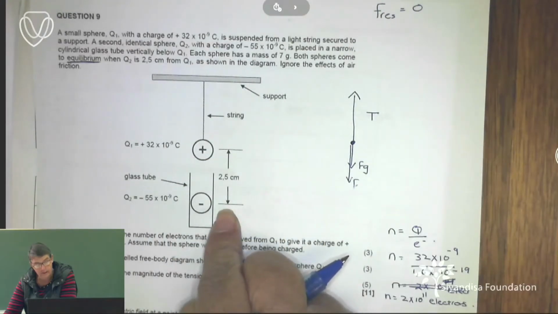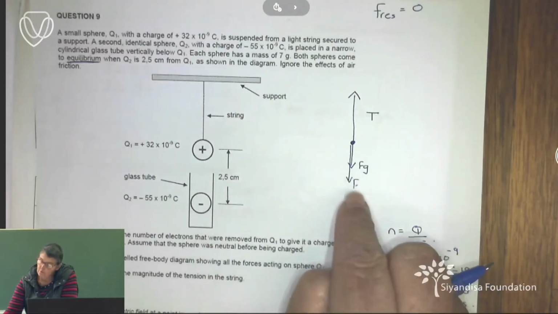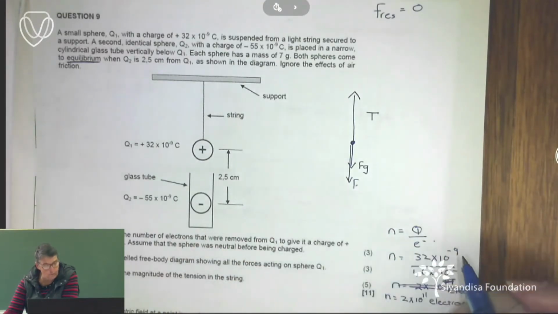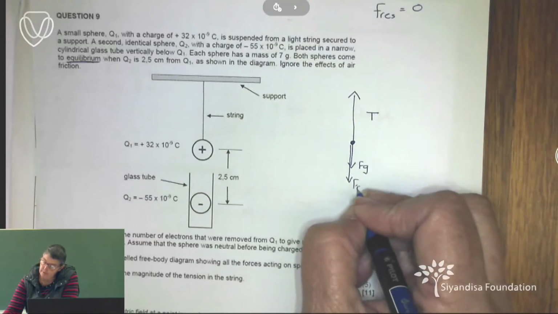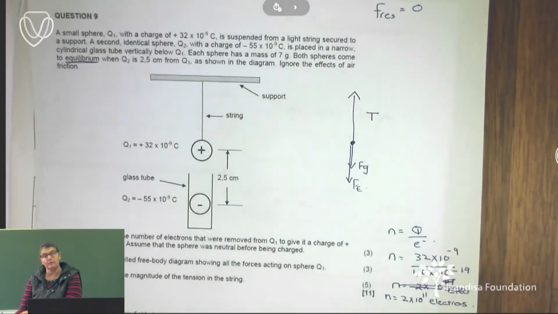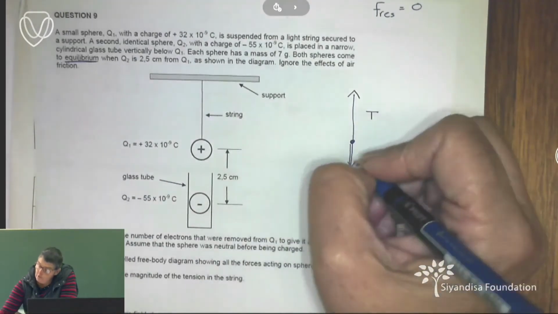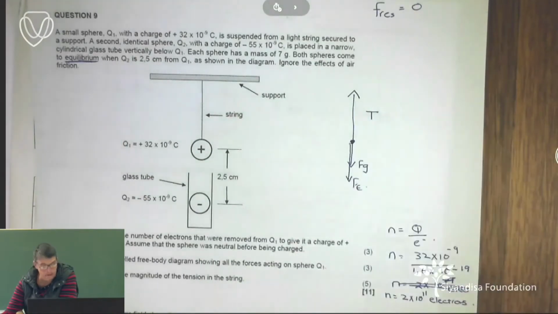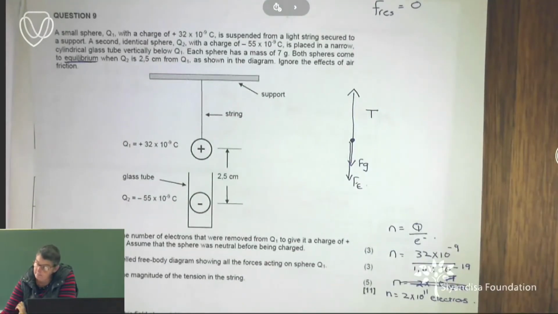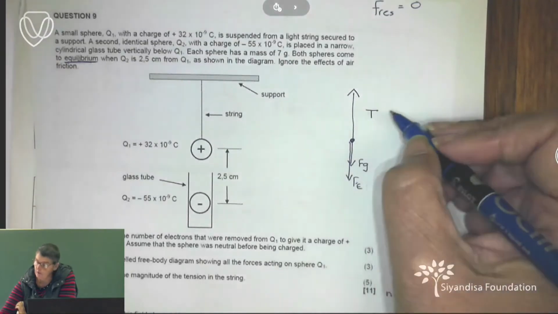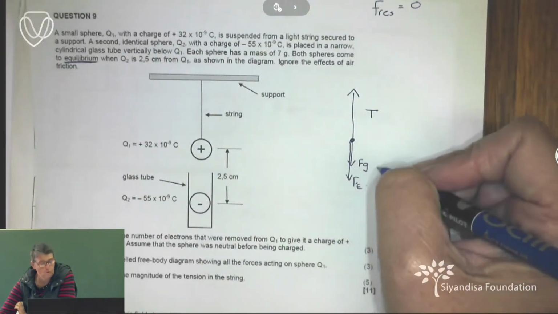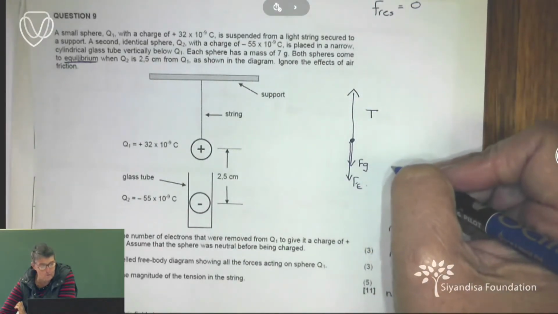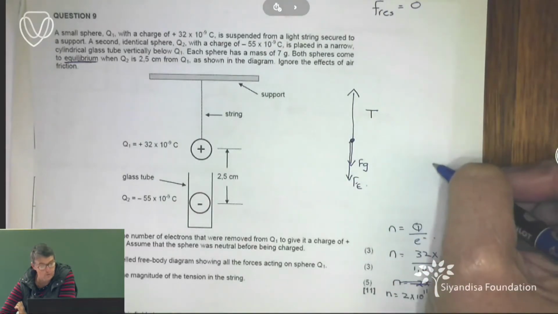Right. So there is also going to be a force, and that is going to be my electrostatic force. So I'm going to have 3 forces. Okay. Make sure you name them. You can make use of tension, F gravity, or if you want to use weight, you can also use weight there, or you can use gravitational force.